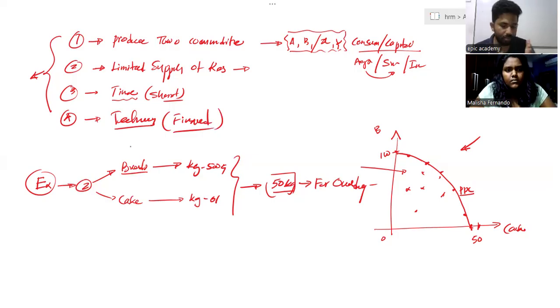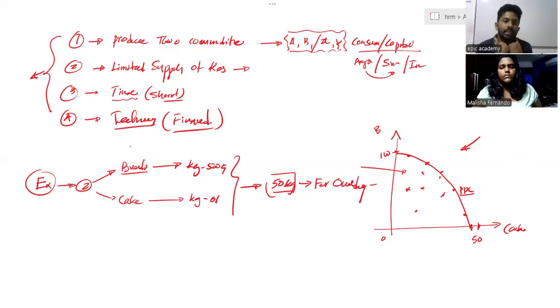It can be changed from one month to another, or from one production institute to another. Yes, it can be changed. But in this concerned time period, technology cannot be changed. That is why we call it fixed.